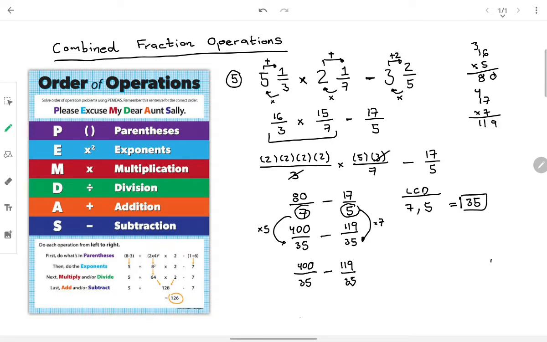We will get then 281 over 35. Then we need to look if the fraction is simplifiable. In this case, it's not a simplifiable fraction, so this will be our final answer, 281 over 35.